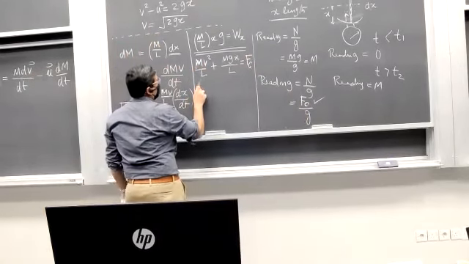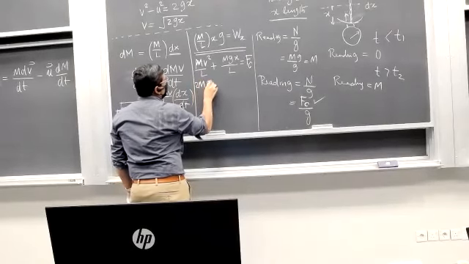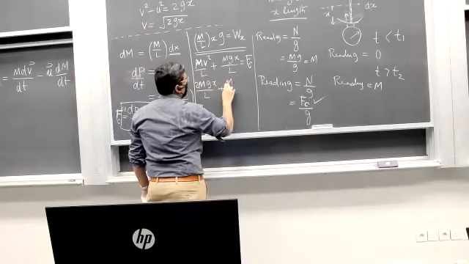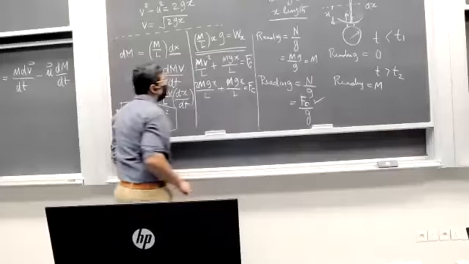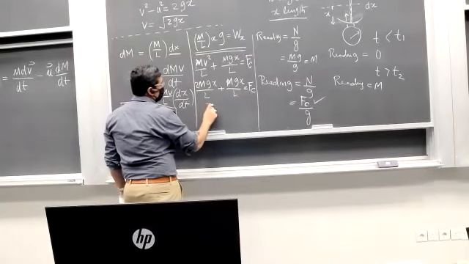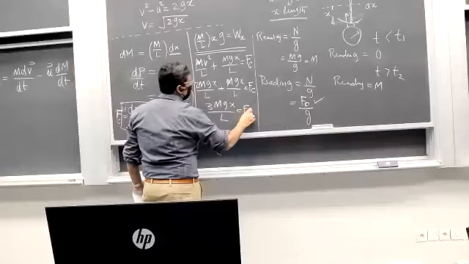And this becomes 2mgx over L plus mgx over L equals Fc. And then this becomes simply 3mgx over L equals Fc.